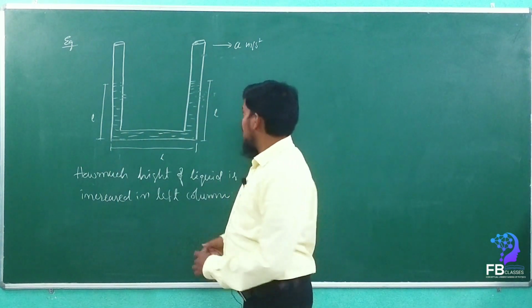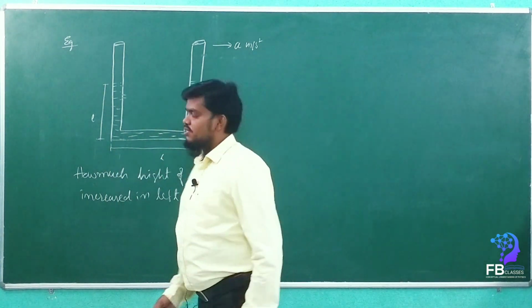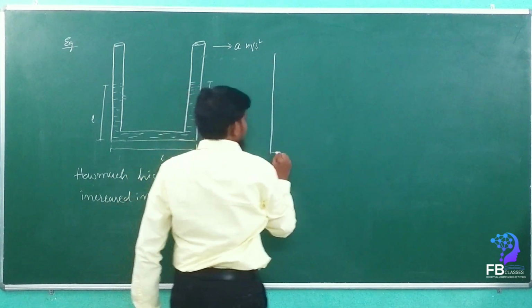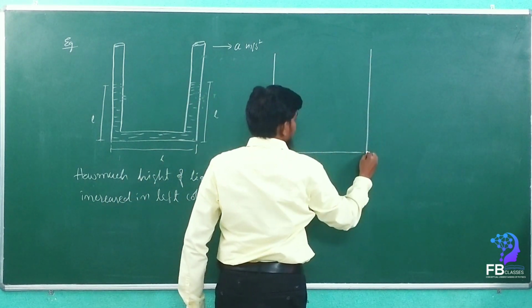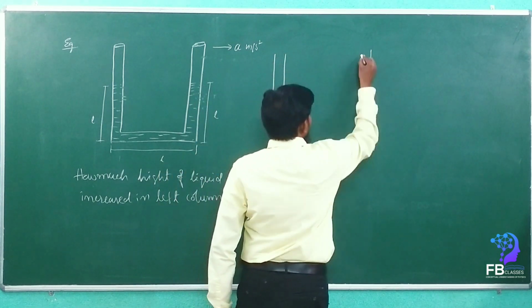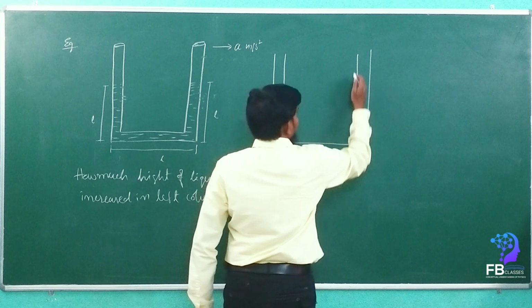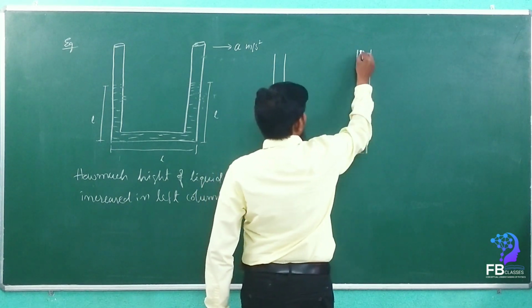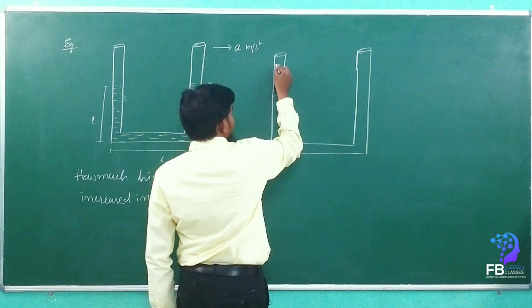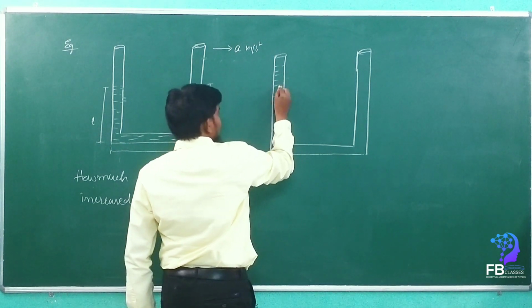See, so what are the final conditions? See, the final condition is, let it be, see here, I am going to draw the diagram here. So the final situation is, okay, this is the final situation. Let this height of liquid increase.